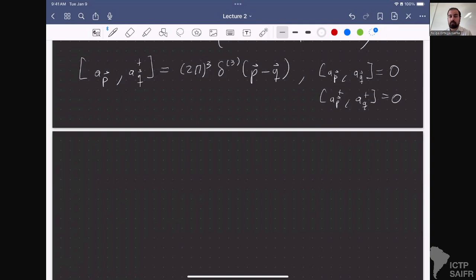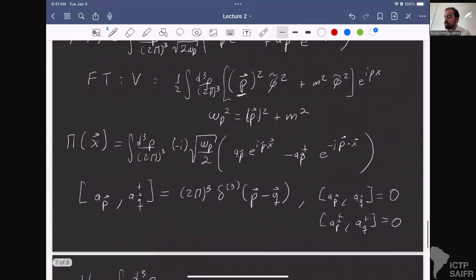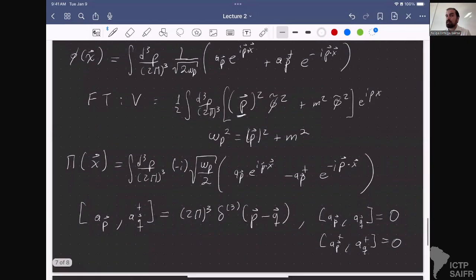Now, the Hamiltonian, again, is going to be diagonalized when we write it in terms of these operators. So you can substitute these two into the Hamiltonian that I gave you before.